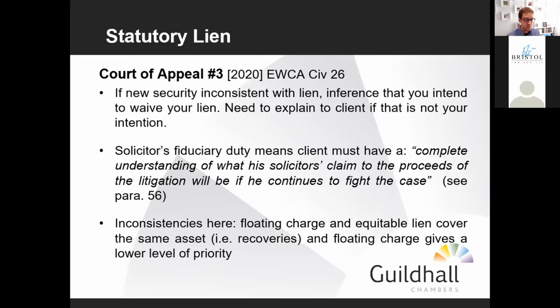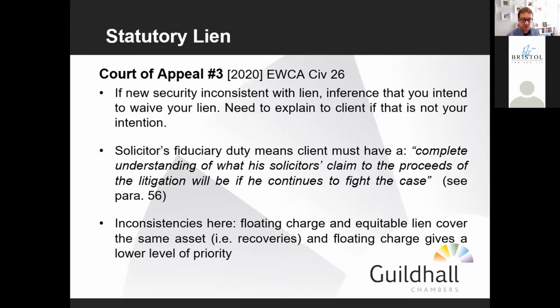And the argument here was effectively one that used the Gavin Edmondson line of jurisprudence to work with section 73 to say that a solicitor would have an equitable interest in the recoveries as soon as there's a fund in sight, as soon as there's a settlement. But if the solicitor has done something that is inconsistent with the existence or continuance of that equitable right, they would be deemed to have waived it, in which case they could only fall back on their later security.